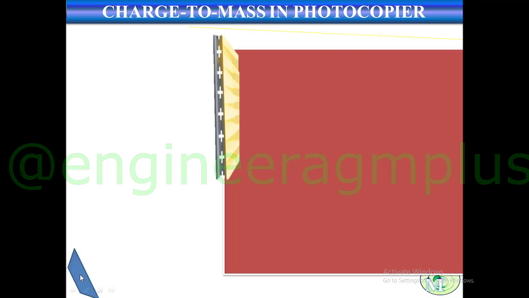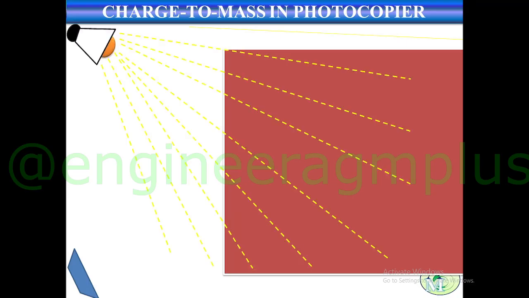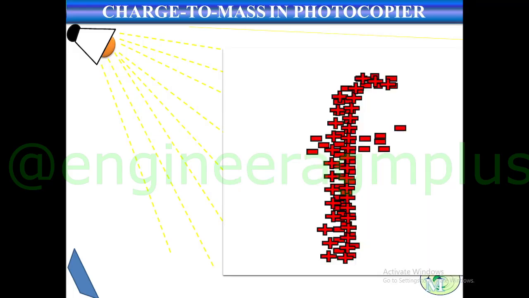Then we have our mirror that reflects the image from the screen of the photocopier to the drum. Here is the light that reflects on the drum to clear off, or discharge, the positive charges in the empty space on the image.